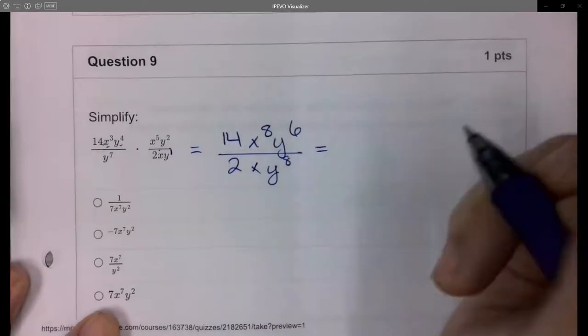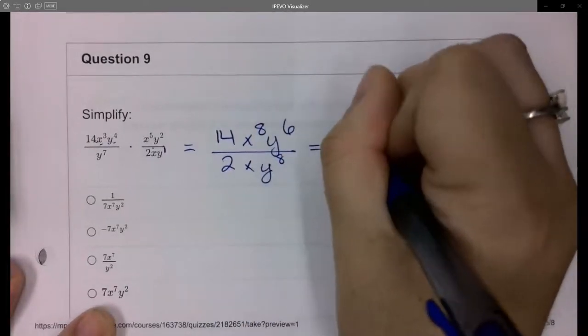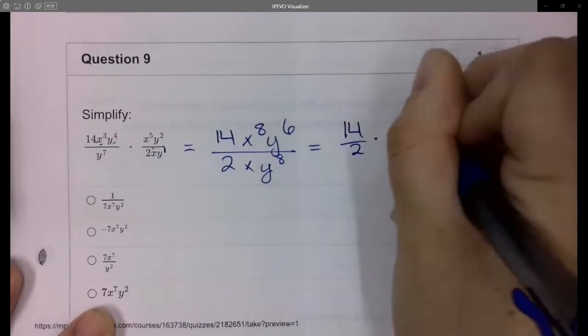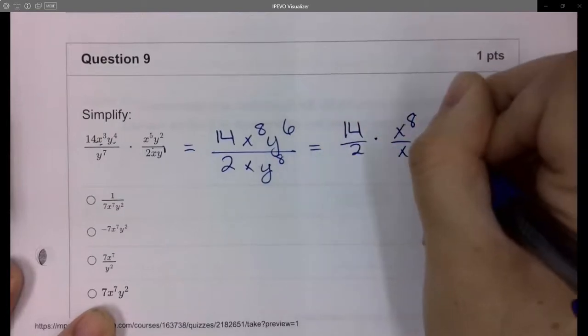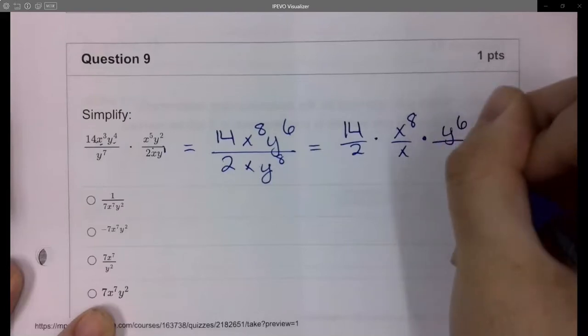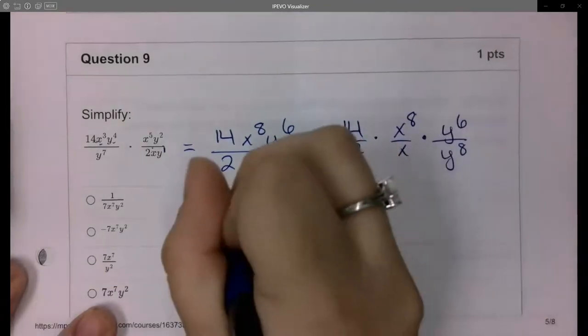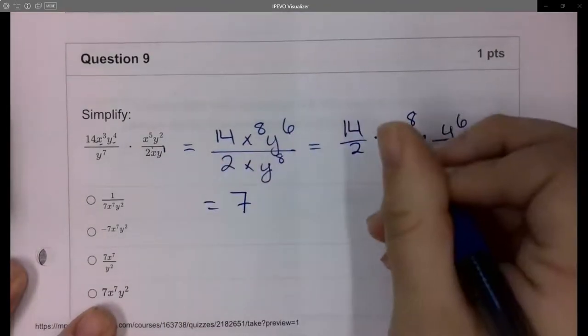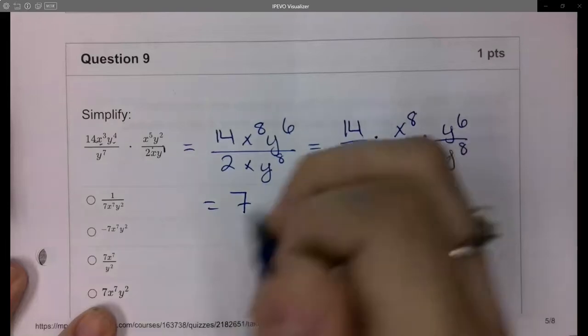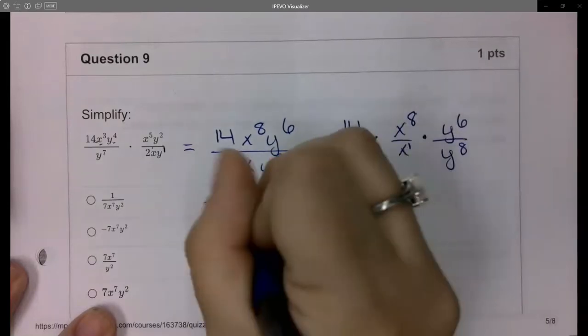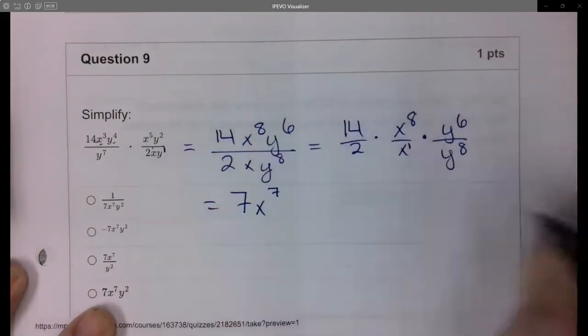Then I want to split this up into 3 separate fractions. So I'm going to have 14 over 2 times x to the 8 over x times y to the 6 over y to the 8. And then I want to simplify each of my fractions. 14 divided by 2 gets me 7. X to the 8 over x to the 1, I subtract my exponents, and I get x to the 7.